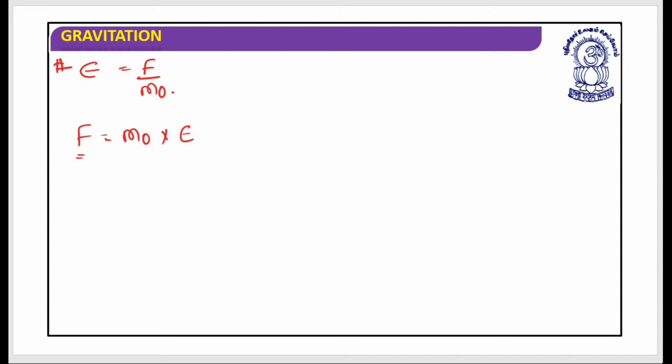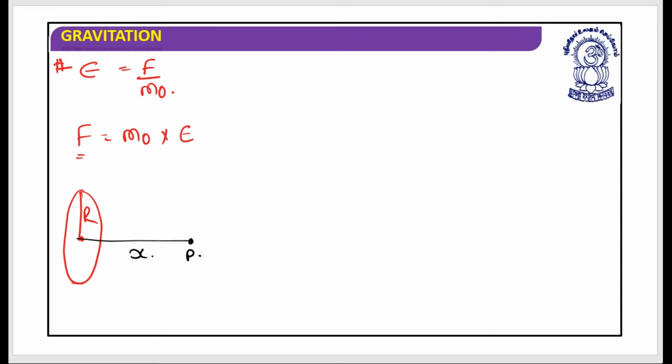Please keep this in mind, because let's suppose a certain question has been asked like this. A ring is there and this is its center. This is the radius r, this is the perpendicular distance x, and this is at point P.